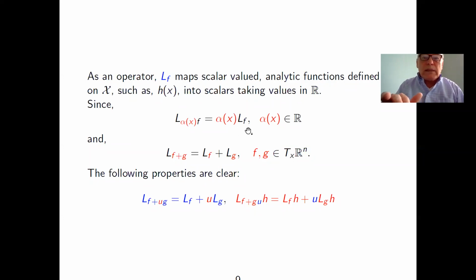And some of the properties are very nice. For instance, it's a linear map in the sense that if you have a scalar multiple of the vector field f, no matter if that multiple is a function of the state or the point where I'm considering this directional derivative, that scalar function permeates the operator in the sense that it becomes a proportionality factor on the operator itself.